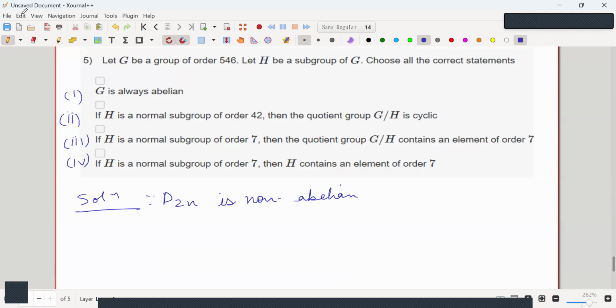Therefore, it is non-abelian when n is greater than or equal to 3. If you take n to be 2, then this will be D4, which will be the Klein group, which is abelian, right?